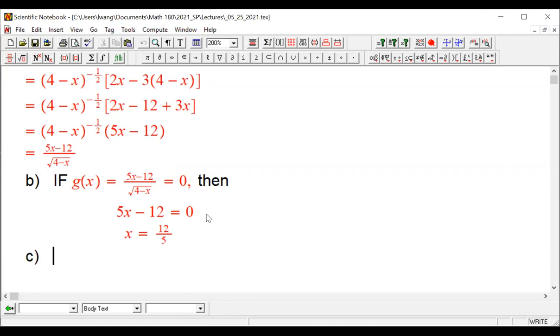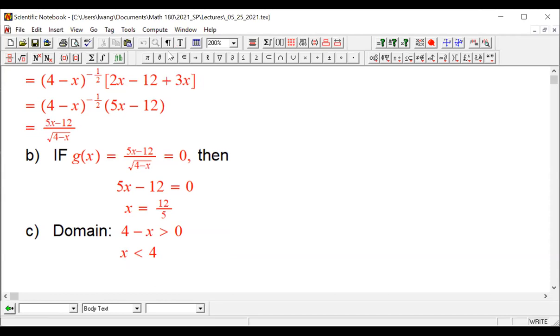Okay, let's look at C. C is to find values such that g is undefined, which is the opposite of domain in our situation. So you first find the domain. How do we determine the domain from g? Right here, 4 minus x must be greater than 0. And the consequence would be that x is less than 4.